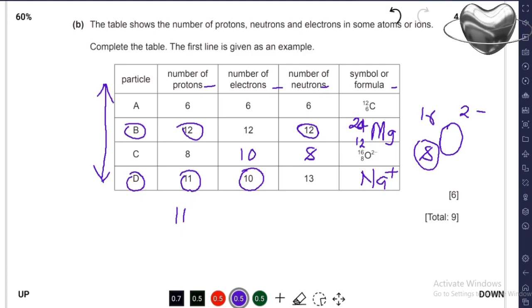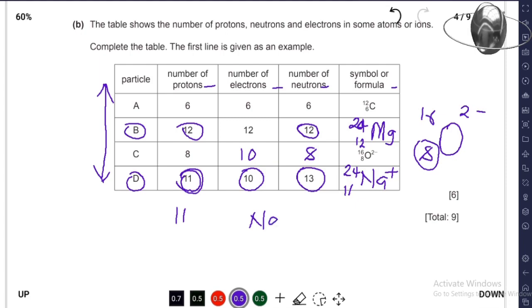When we add the number of neutrons and the number of protons, we will go to 24. Then the proton number is 11. So again, remember my dear learners that we have sodium 23 and sodium 24.